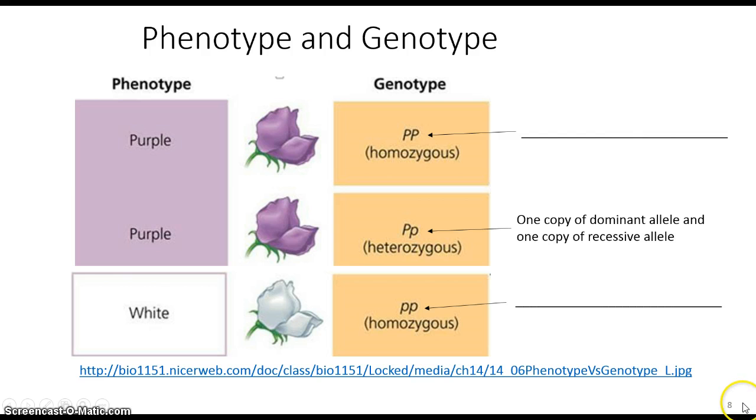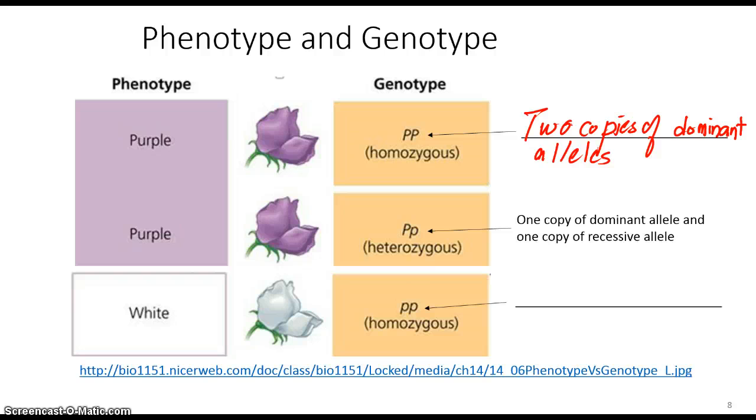Okay, now I come to the next slide. This big PP, we call it two copies of the dominant allele. Whereas big P, small p, we call it one copy of the dominant allele and one copy of the recessive allele.